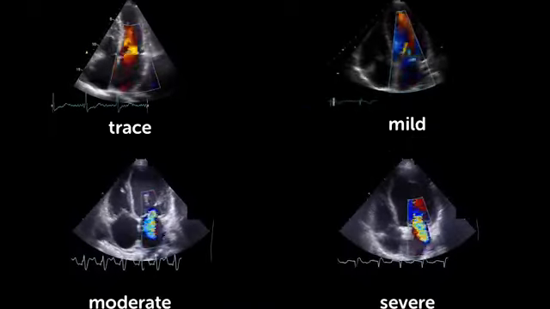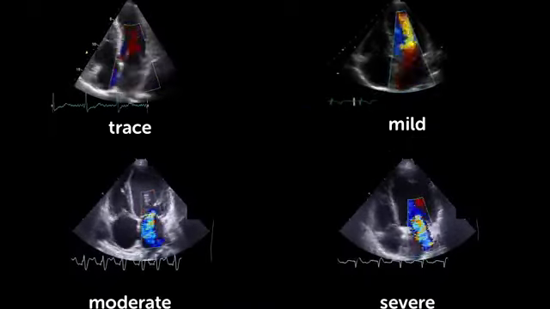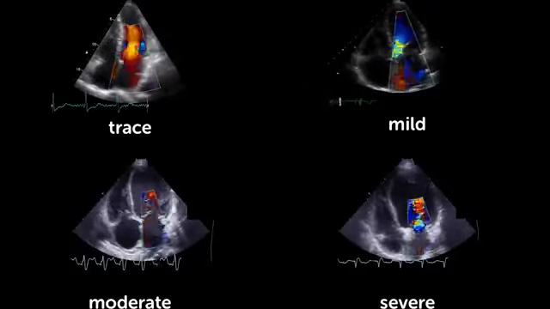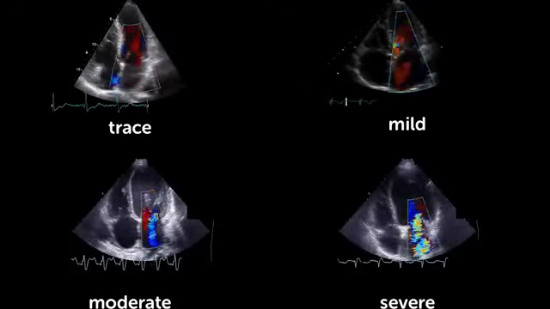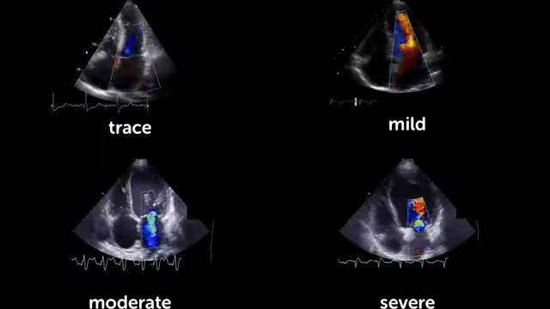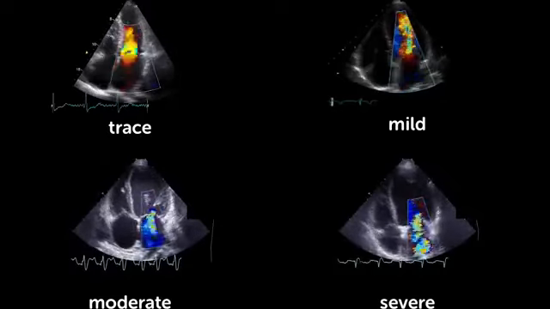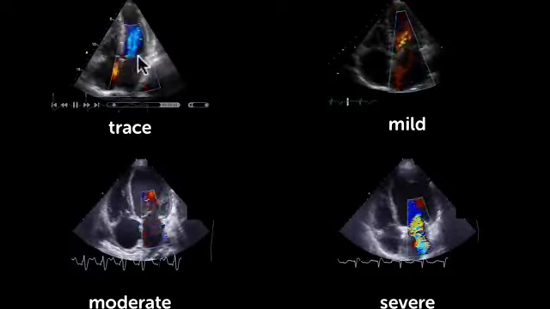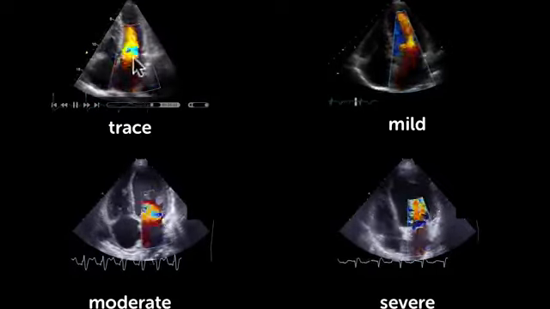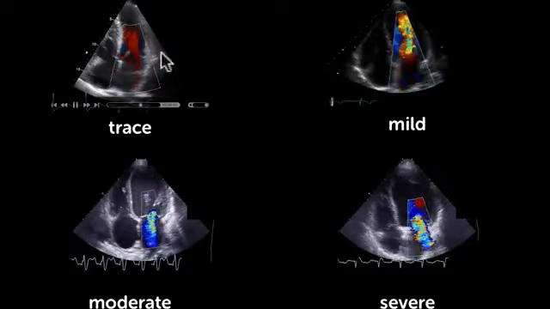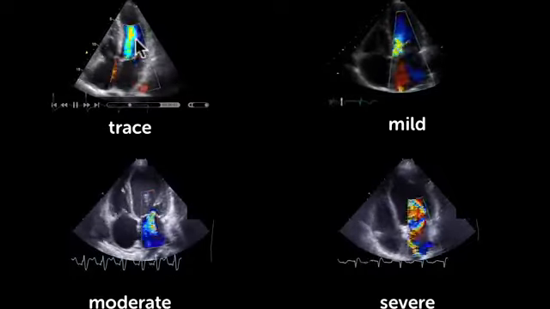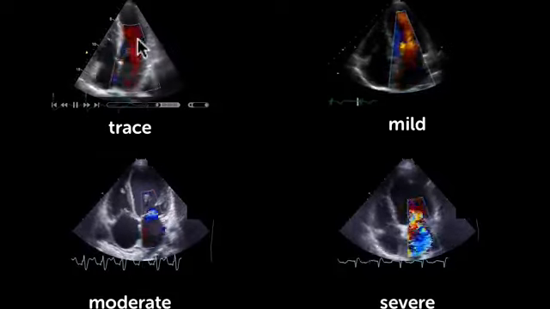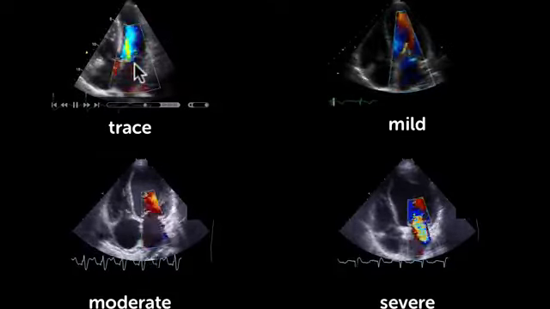I'm sure you already know why I'm showing you this: to quantify mitral regurgitation. Obviously, the size of the jet plays a role. Here are 4 different examples which show 4 different degrees of mitral regurgitation. Here on the top left is just a very little flame, a blue flame. Obviously, it has to be blue because mitral regurgitation flows towards the left atrium, which means it's away from the transducer and therefore blue.